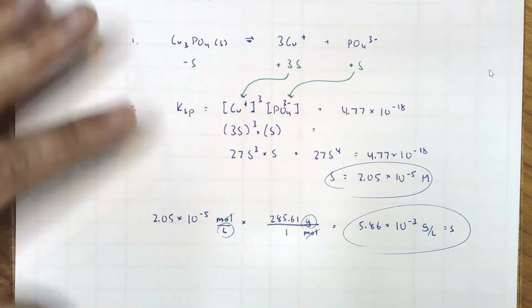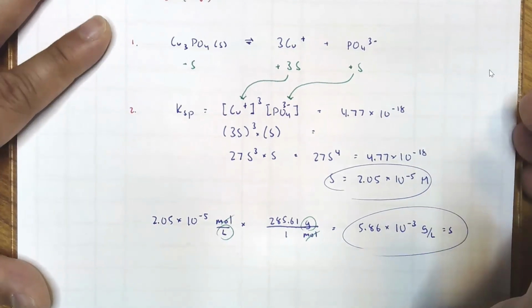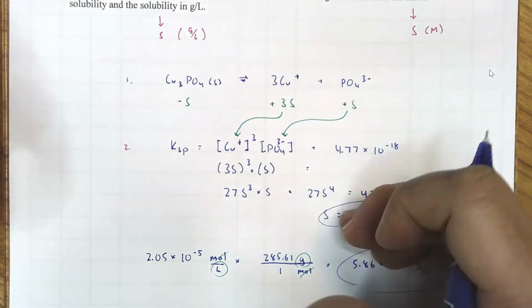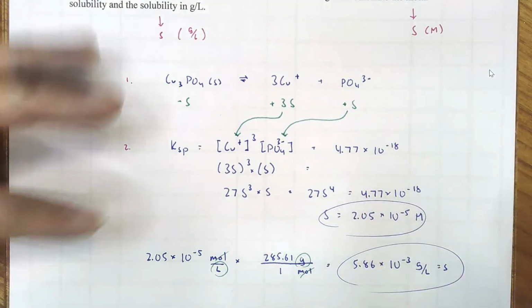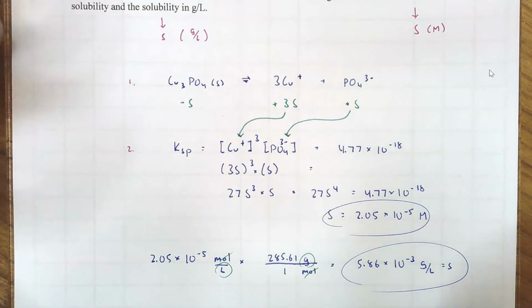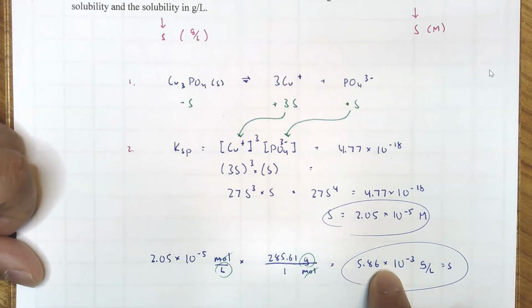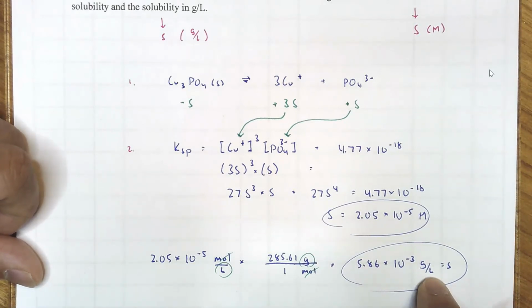When you study this, yes, do this technique, solve for big S, solve for little s, but also have in mind, well, what does that literally mean? You could go into the lab and weigh out this amount of the salt, and all of that salt should be soluble in 1 liter of water.